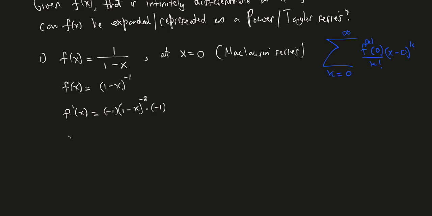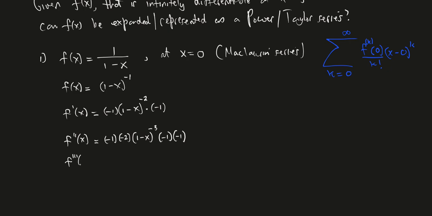Let's keep going. Let's look at the second derivative. The negative 1 comes down, now the negative 2 power comes down, and then keep the inner, subtract 1, bring down that negative 1, and multiply again by a negative 1. This is the pattern. I'm going to write down a few more terms so that we can see it and identify what exactly is going on.